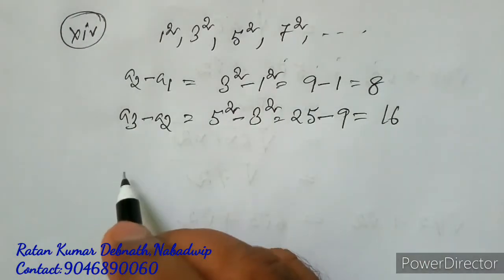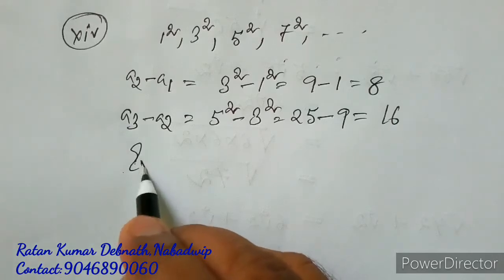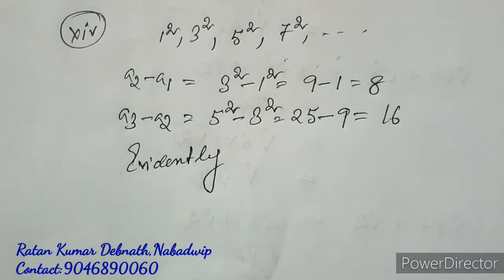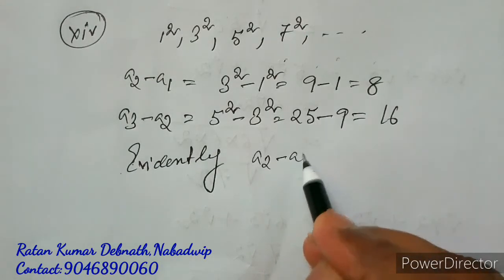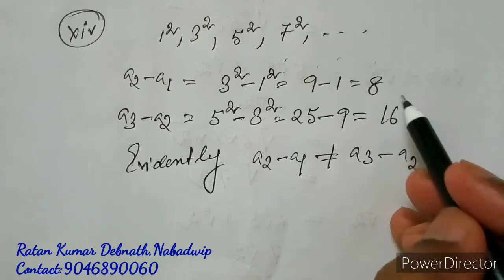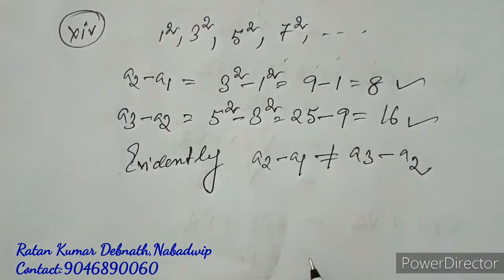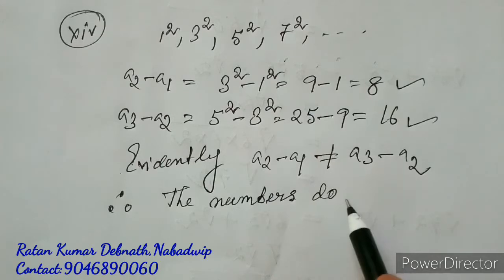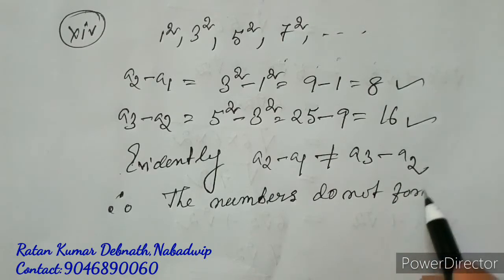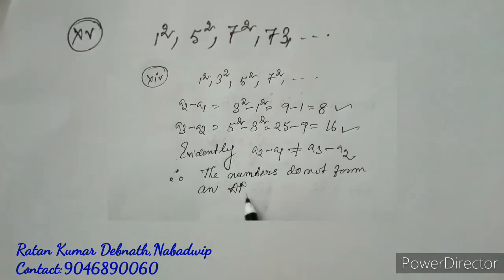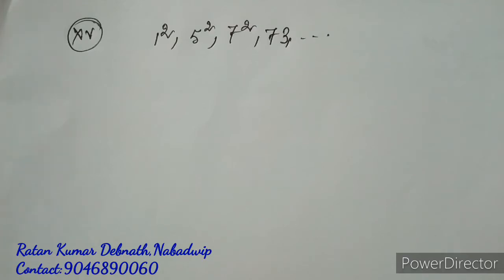So evidently a2 minus a1 not equal to a3 minus a2, because this is 8 and this is 16. Therefore, the numbers do not form an AP. This is the last sum of this exercise.